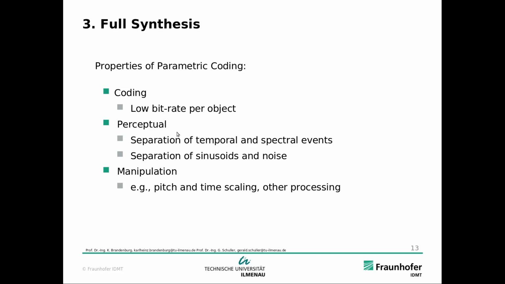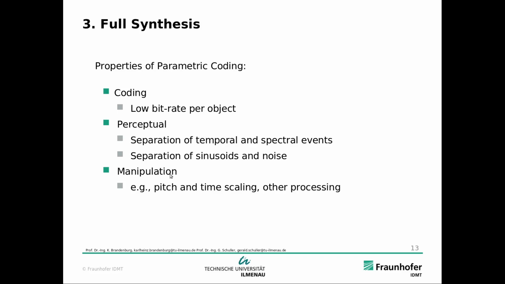Yeah, so we also need to include perceptual properties like the separation of temporal and spectral events, separation of sinusoids and noise. Right, these are different audio objects, and also the ear is treating them differently. And it allows manipulations.